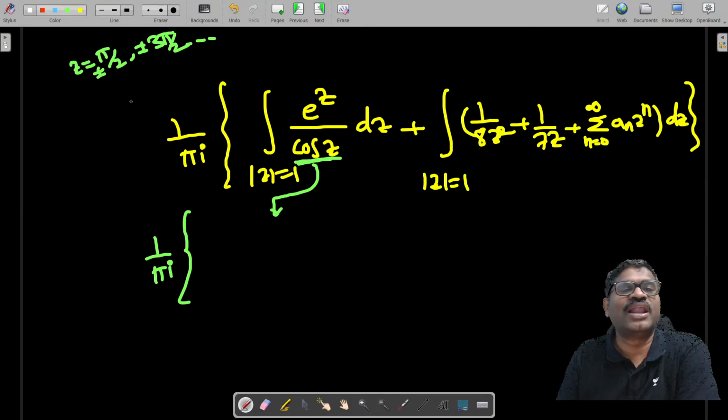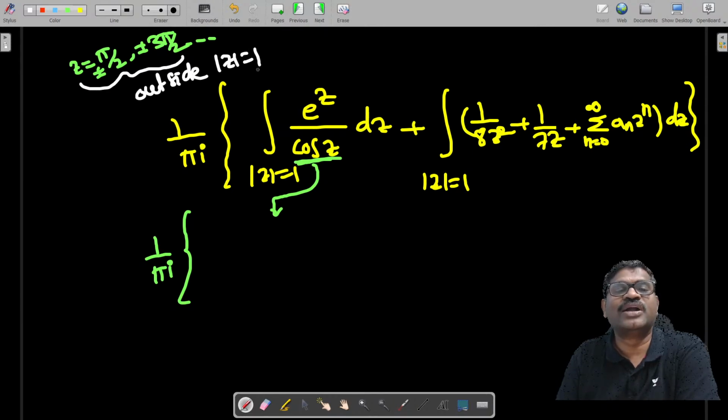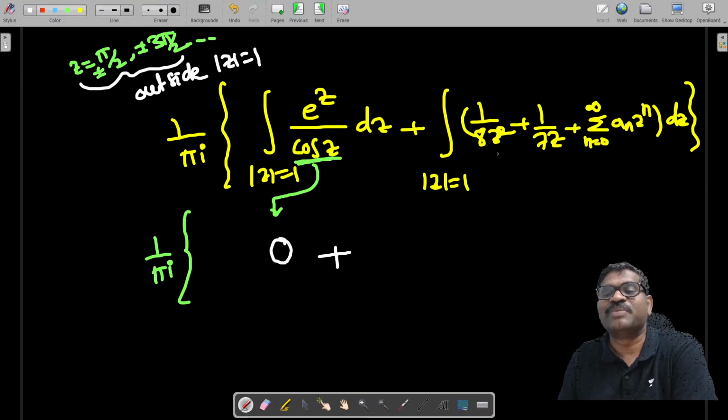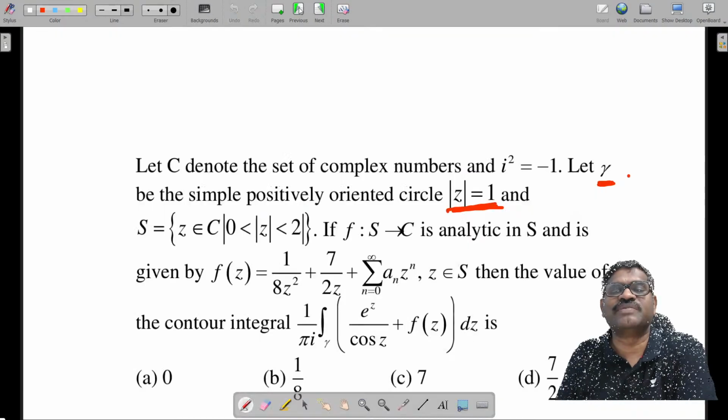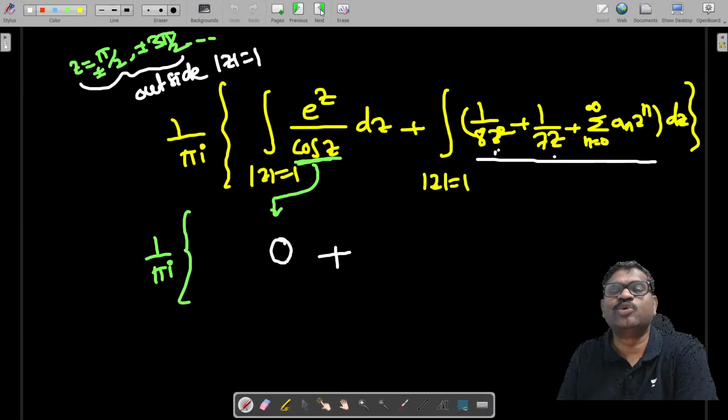Anyhow, these all lie outside mod z equal to 1. If all the singular points lie outside the closed curve, then the value of the integral is 0. Plus, come here, this is a polynomial. What has he given? 1 by 8 z square plus 7 by 2 z.